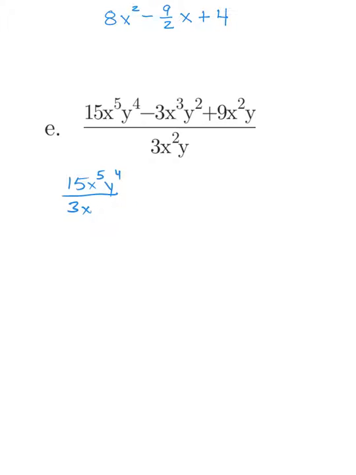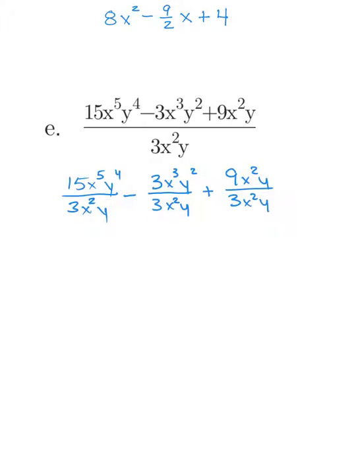So I get 15x to the 5th y to the 4th over 3x squared y minus 3x cubed y squared over 3x squared y plus 9x squared y over 3x squared y.